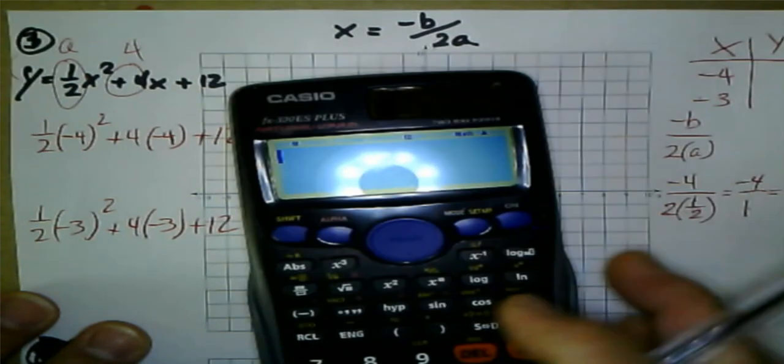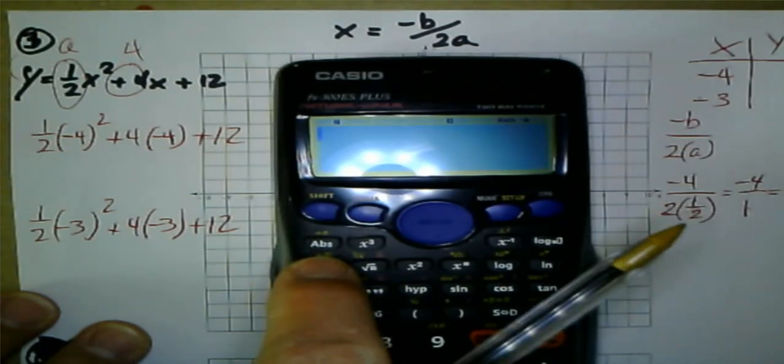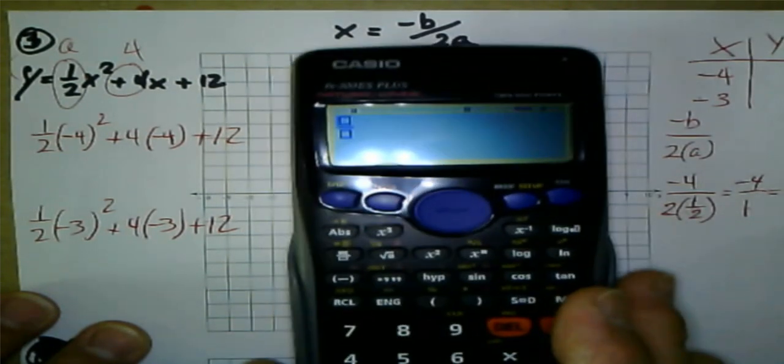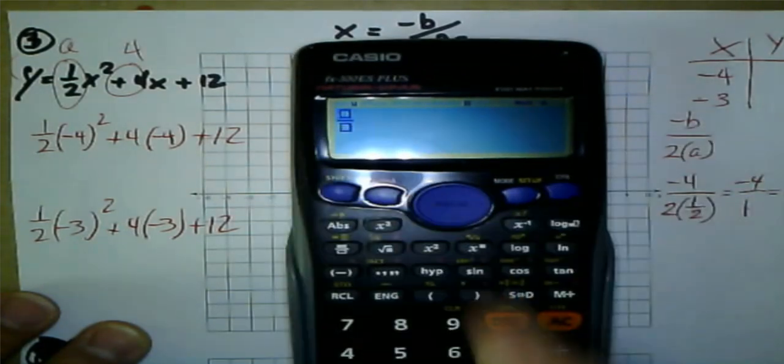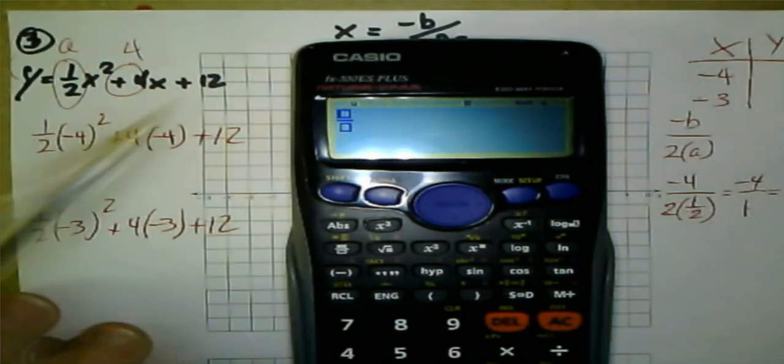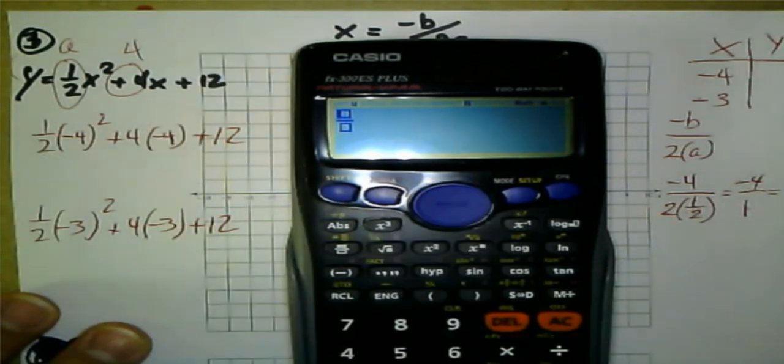Well, now I've got to enter that into my calculator. You're going to use this button right there. It'll give you the half. At home, take 1 divided by 2 and you'll get 0.5, and you can enter 0.5 in there.